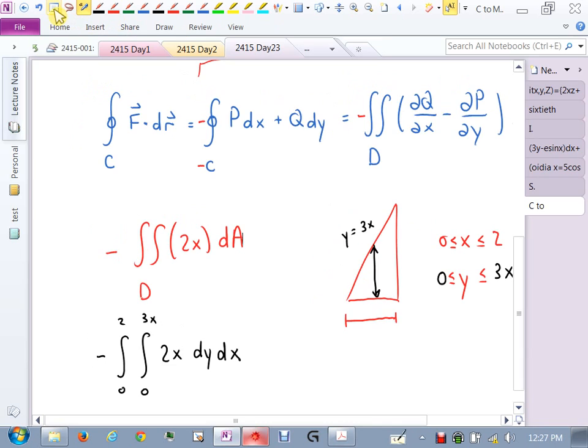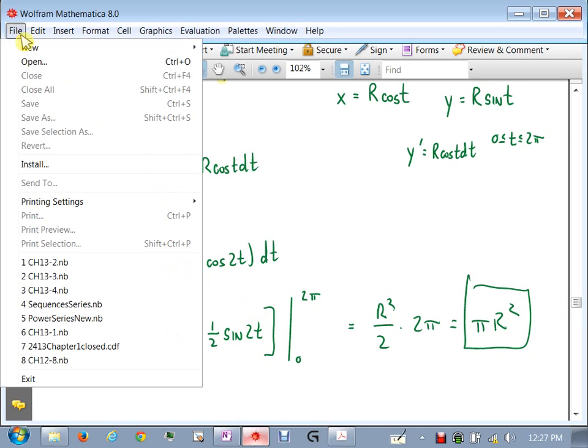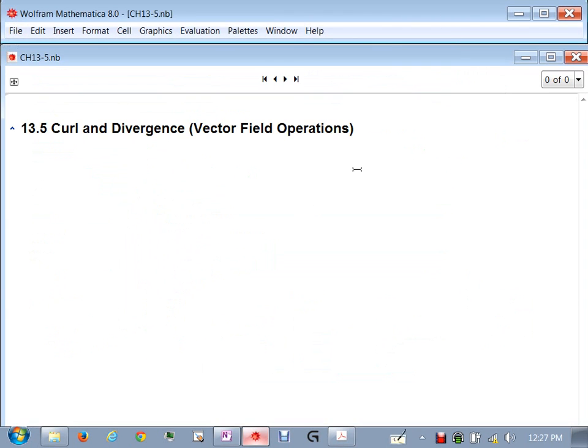Okay, so let me show you where we're at. 13.5. Make this nice and big here.